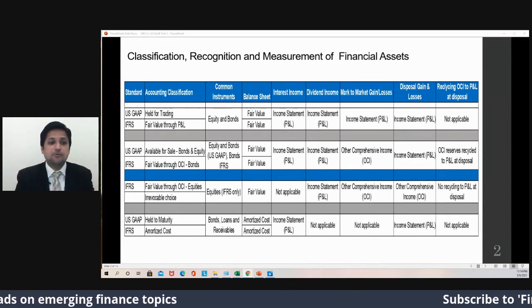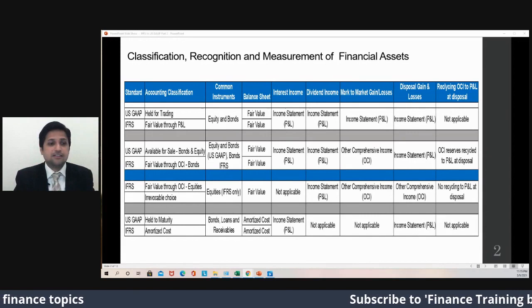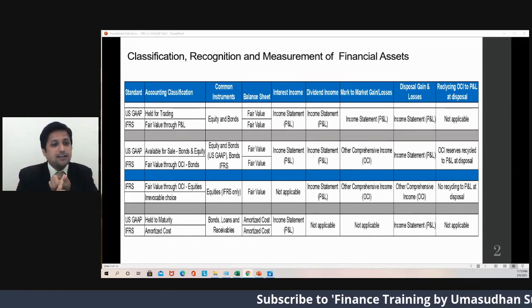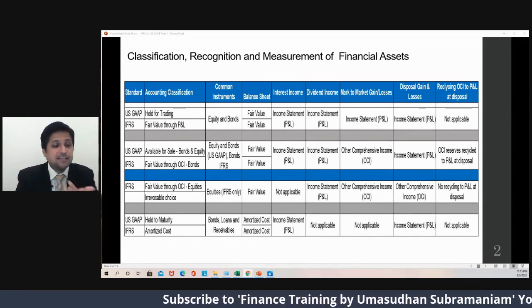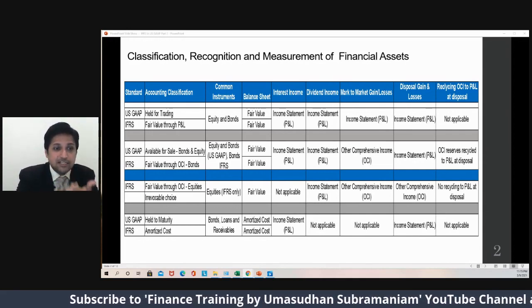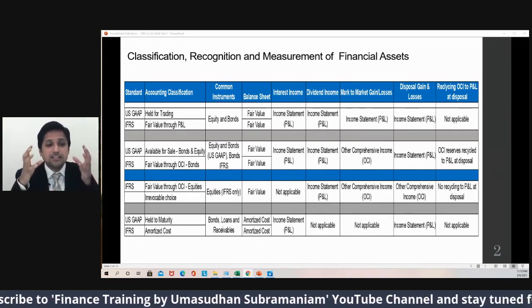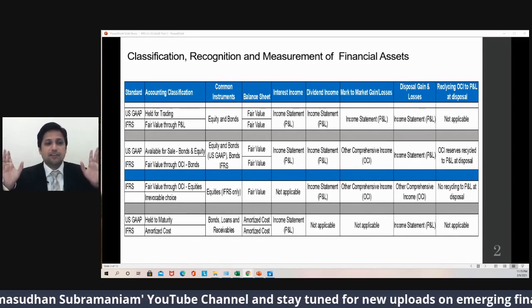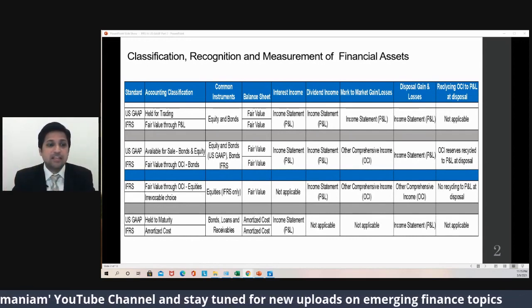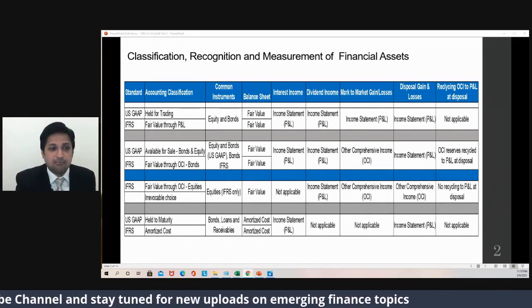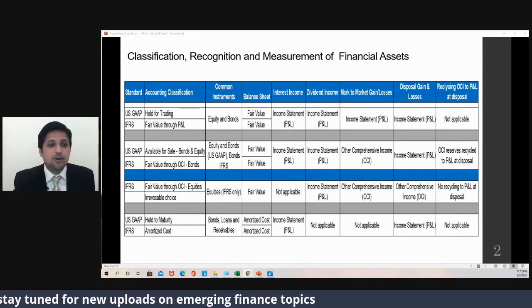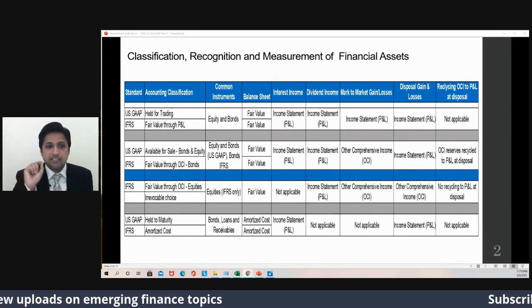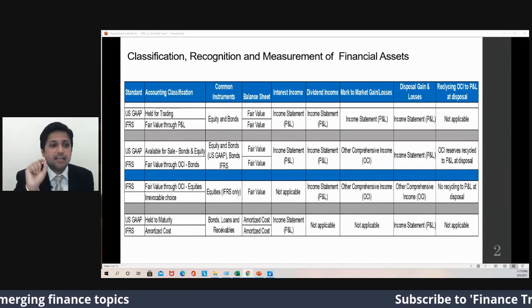So they tell you that any gain or losses on the mark-to-market exercise, as well as the disposal gain or losses, must not be taken to your income statement. So anything and everything should go to your OCI except the dividend income, which can be taken into your income statement. So remember, this is a very special case in IFRS.